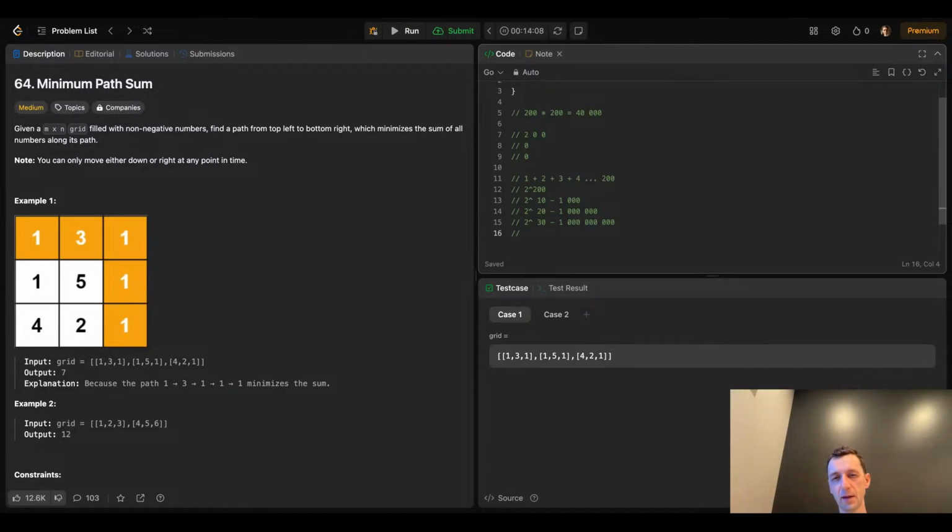It's like 10 to the power of 60. Yeah, it's a lot. Much more than the runtime limit allows, because 1 billion operations is around 1 second, and we will be way out of that.